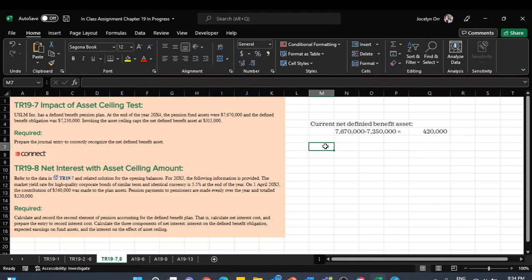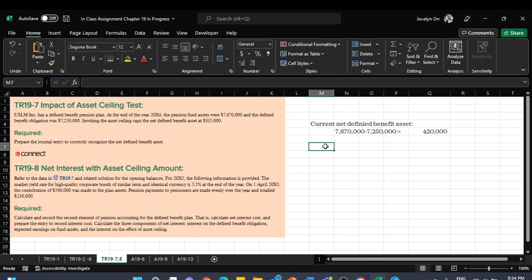Okay, but the ceiling asset test indicates that the asset can be no higher than $315,000. That is the maximum amount available as a future benefit to the employer in the future.